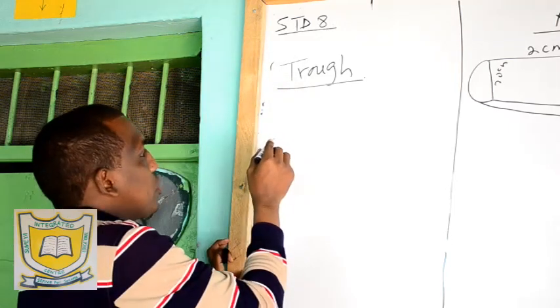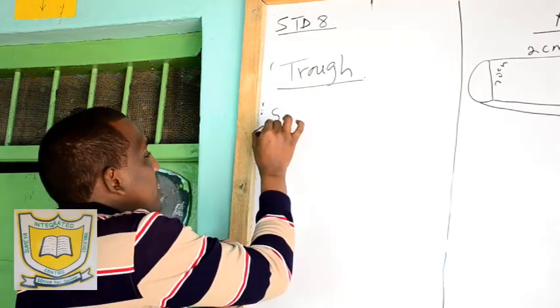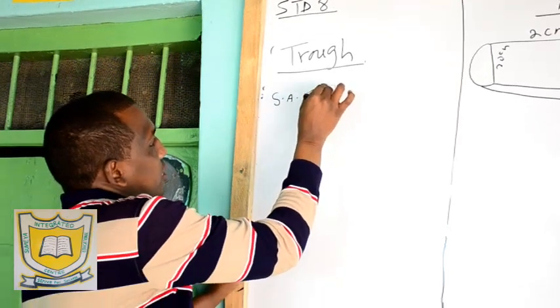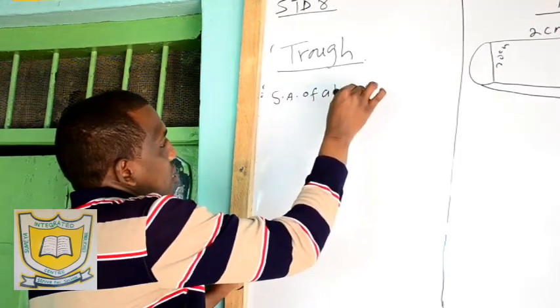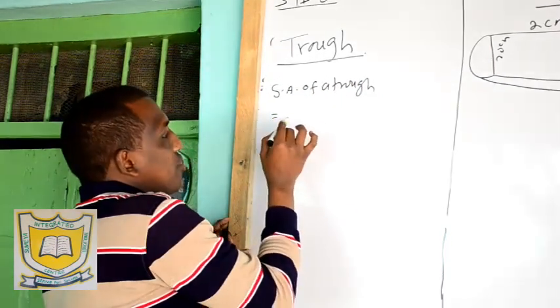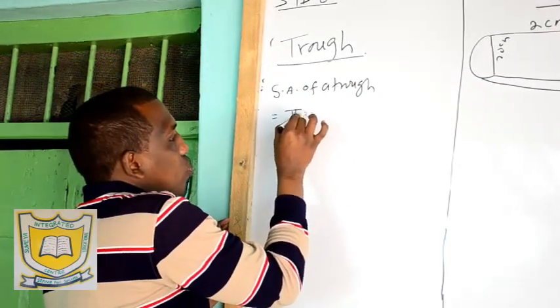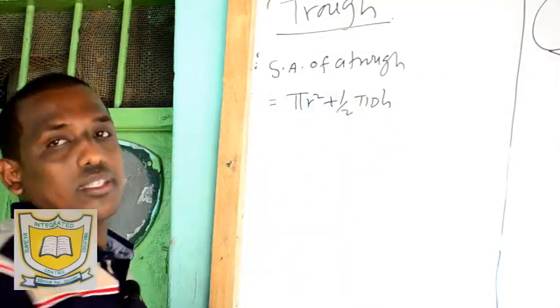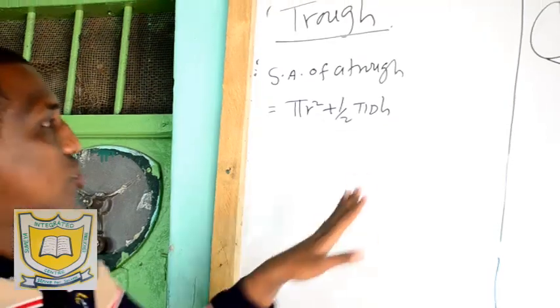Surface area of a trough is equal to, now the formula is πr² plus a half πdh.